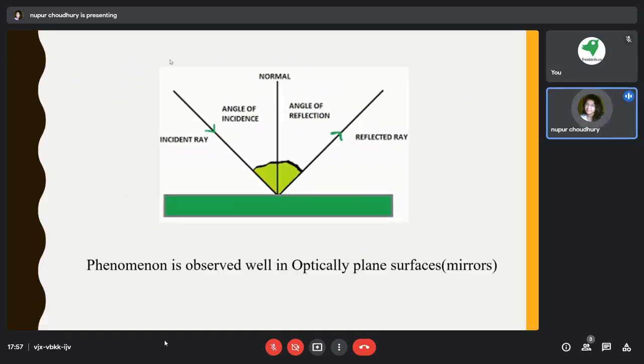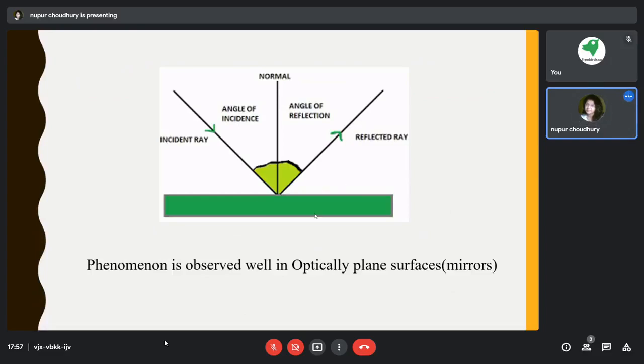So for this, let us look into this diagram. Light is coming from this point, the incident ray, which is the light falling onto a surface. This path gets changed in the form of the reflected ray, which has a different direction and path, but causes no change to the medium in which it is traveling.